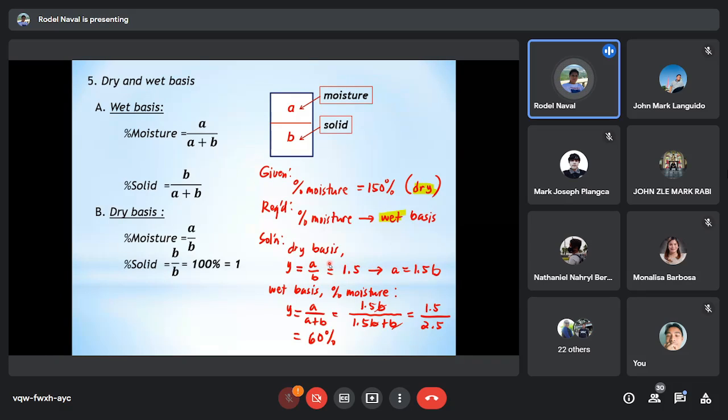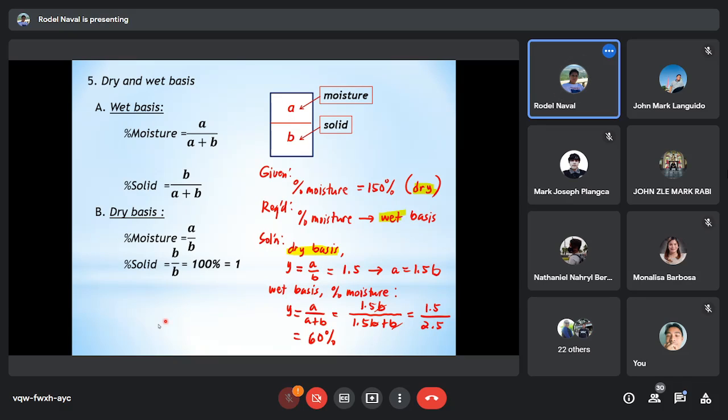So first, class, from dry basis, assuming Y is moisture, so A over B, which is 1.5. 150% is 1.5. So Y is now 1.5, let me cross multiply. Therefore, A equals 1.5B. Okay?